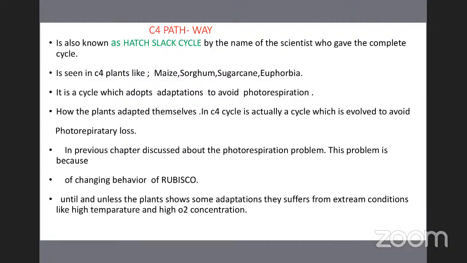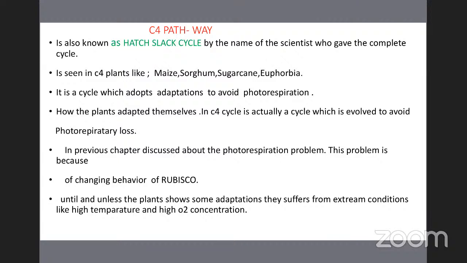How do these C4 plants adapt themselves? The C4 cycle is actually a cycle which evolved to avoid photorespiratory loss. In our previous chapters, we discussed the photorespiration problem.